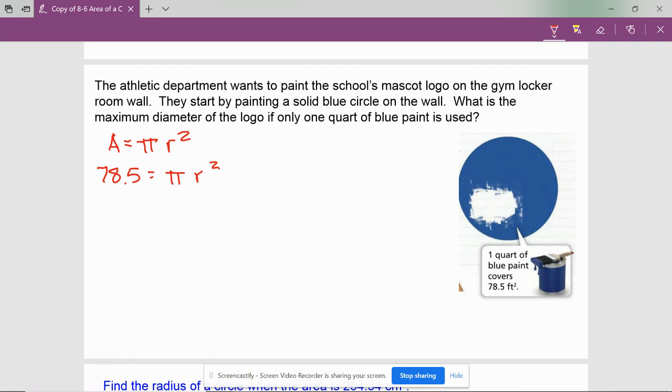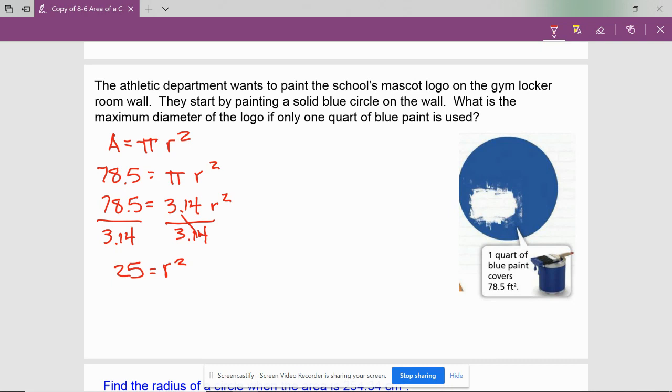So this is 78.5. Remember, pi is 3.14 r squared. This is our one-step equation, so we're going to divide by 3.14. So they cancel out. But what we do to one side, we have to do to the other. So r squared is going to be equal to 25.